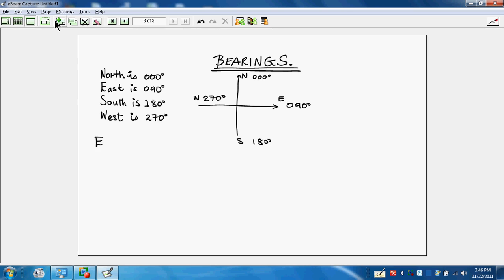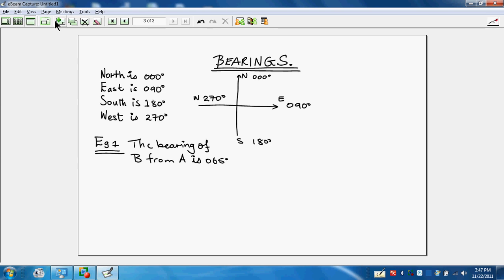So if we had an example to look at, our first example, where we said the bearing of B from A is 065 degrees, and we wanted to represent that.